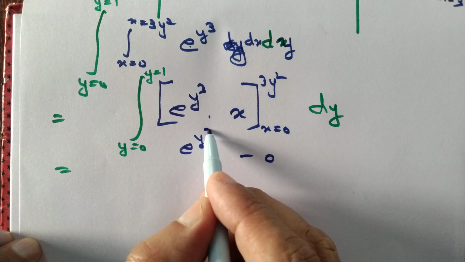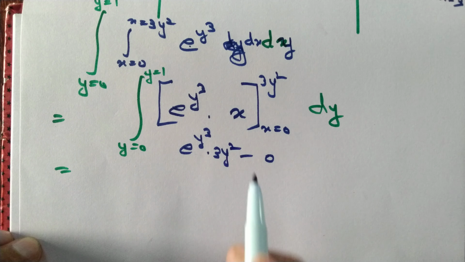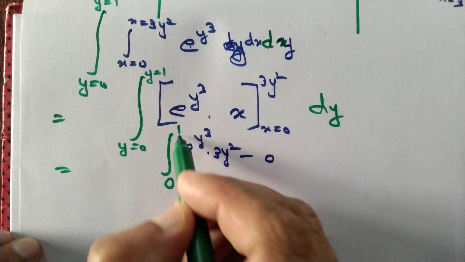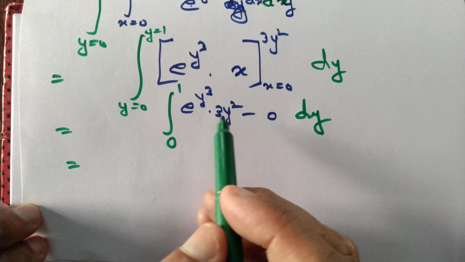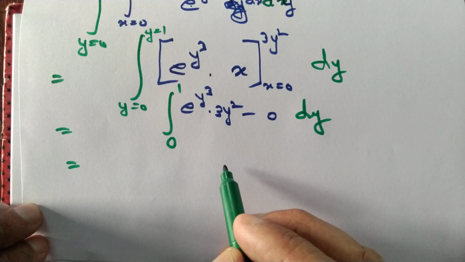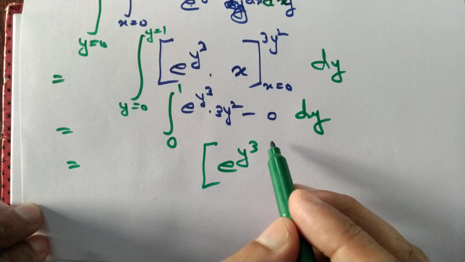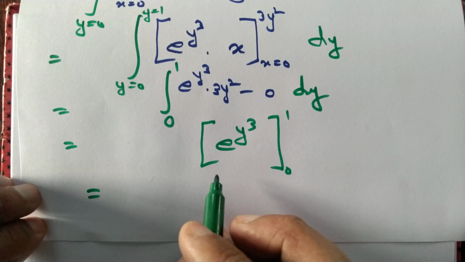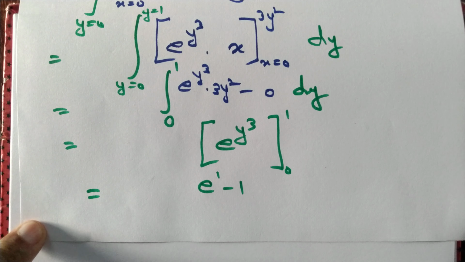When I write x equal to 3y square, we get e to the power y cube times 3y square, which has to be integrated from 0 to 1. Well, we know the closed form for e to the power y cube times 3y square. That's simply equal to e to the power y cube. And we need to change y from 0 to 1. And that is equal to e to the power 1 minus e to the power 0. That's e minus 1. Wow, done.